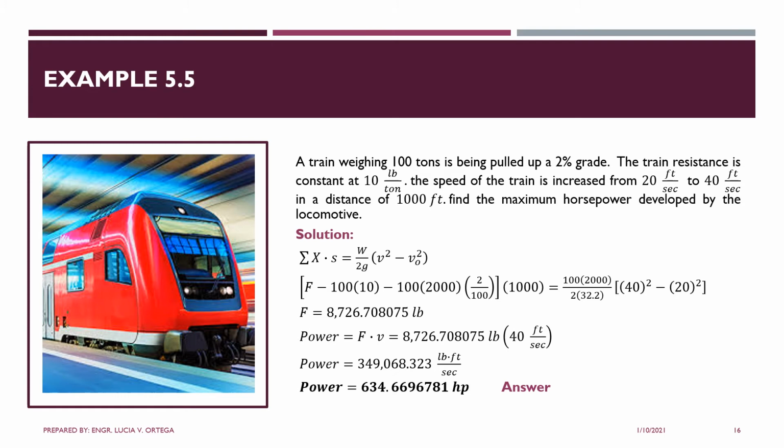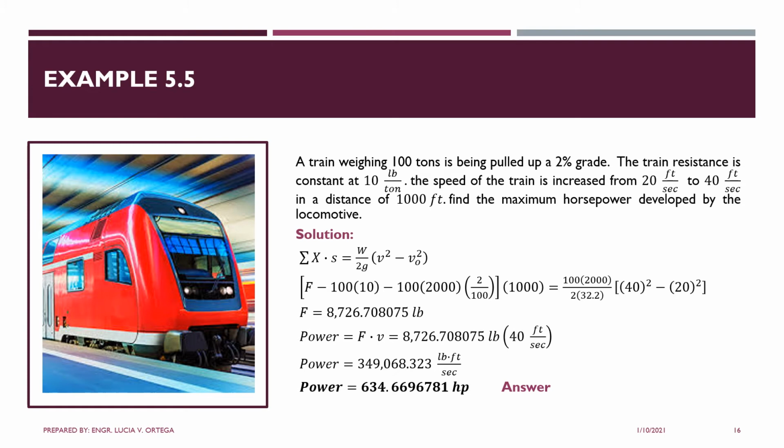So we are solving for the component of the weight tangent to the surface, that is against the motion. All of that times 1,000 feet, the distance, is equal to the kinetic energy.